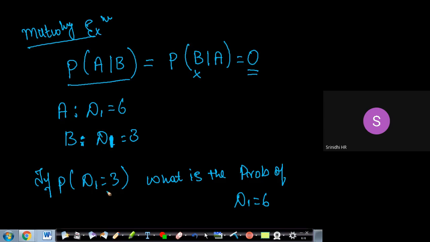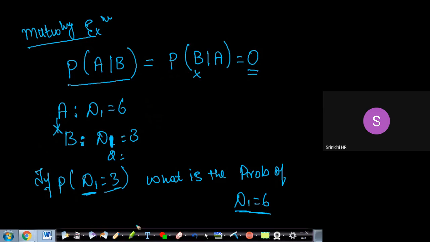And still I want to find, in the same die D1, the probability that D1 equals 6. Is it possible? No, sir. Why? Because I have already fixed it as D1 equals 3. So how can I go ahead with the probability of D1 equals 6? If it was D2 equals 6, it would be independent probability. Since it is exclusive, I will tell this as mutually exclusive.